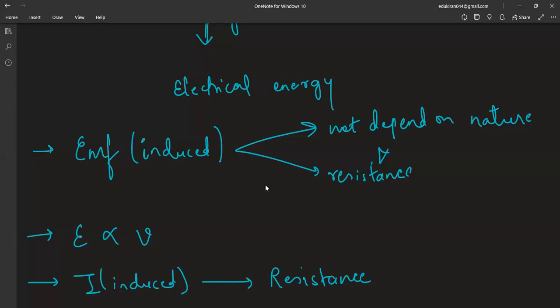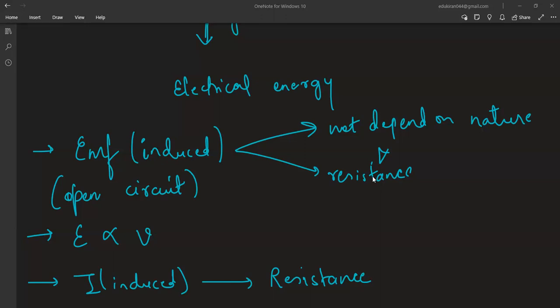All right. So that's why there is one more condition, that this is the reason why EMF exists in open circuits. If you remember, when I had told you what is meant by EMF, what is the difference between EMF and terminal potential difference, that time I mentioned the fact open circuit. The reason behind this being a part of open circuit is that the induced EMF is not depending upon the nature and resistance.